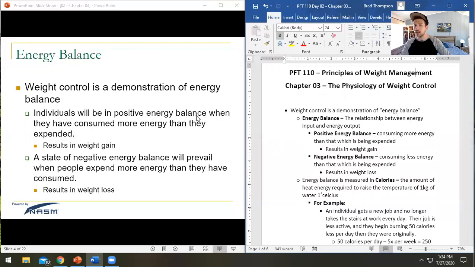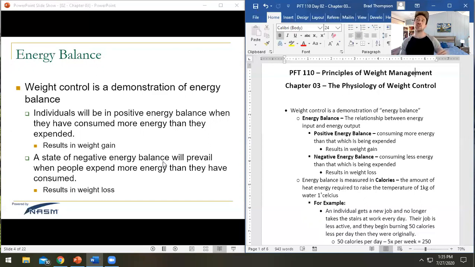A positive energy balance is going to result in weight gain because you are consuming more calories than you are expending. A negative energy balance is going to result in weight loss. You are expending more energy than you are consuming, so your body has to tap into stored energy to make up for the lack of calories you're giving it. Now, all of this is irrefutable.